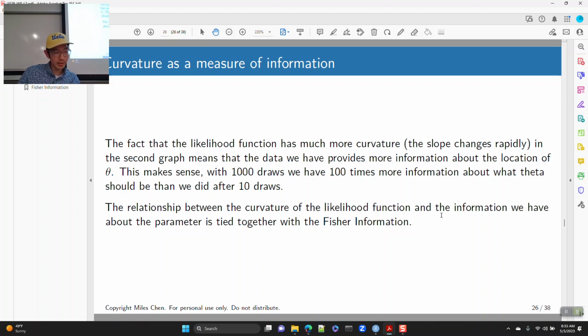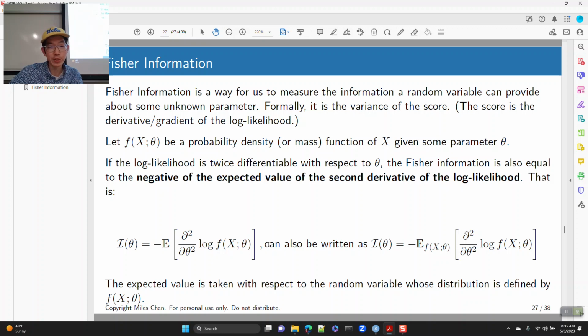And again, it makes intuitive sense because one was based off of 1,000 draws versus the other off of 10 draws. So we have literally 100 times more information about the location of what theta should be. And so the relationship between the curvature of the likelihood function and the information that we have about the parameter is one way to think about Fisher information.